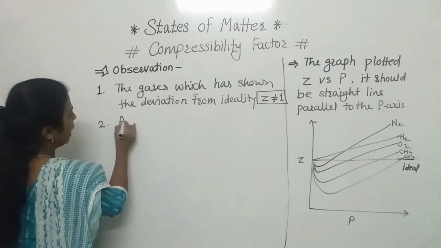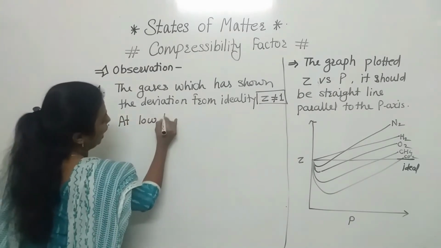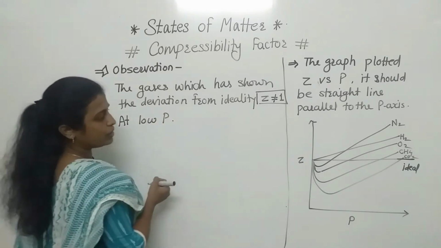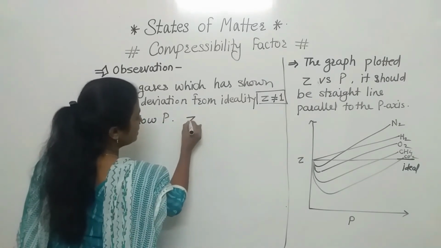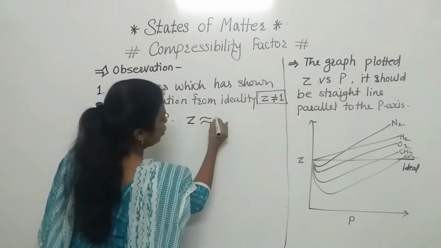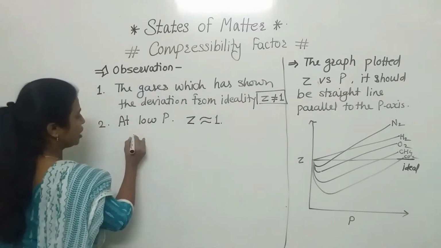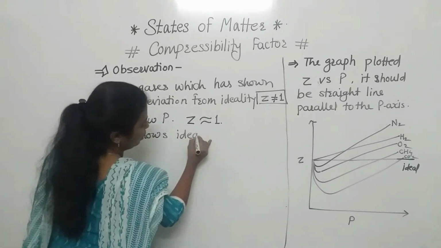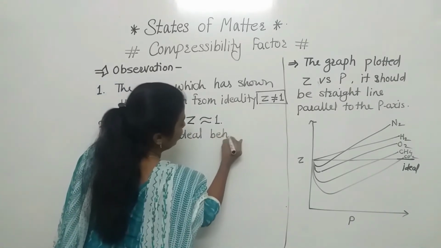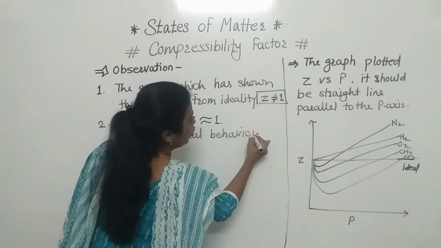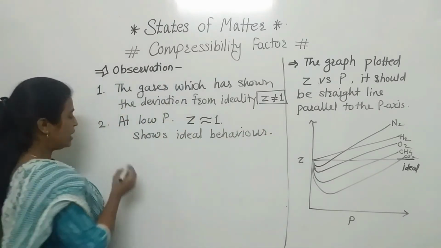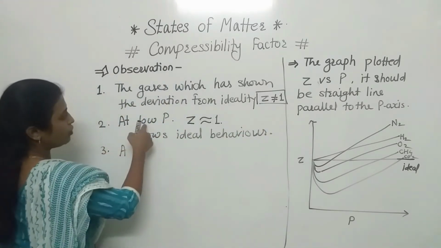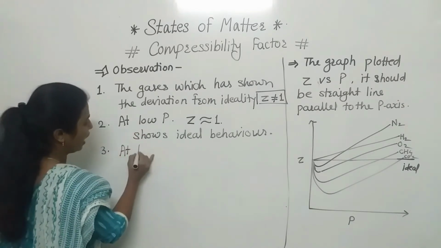If we consider low pressure, at low pressure the Z value is nearly equal to 1, means they show ideal behavior. Clear to everyone? What about at high pressure?